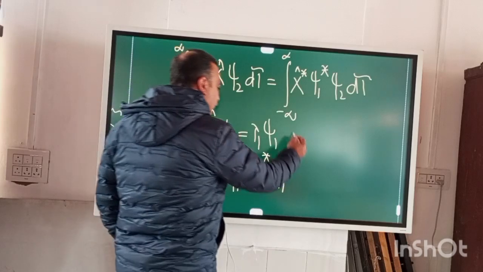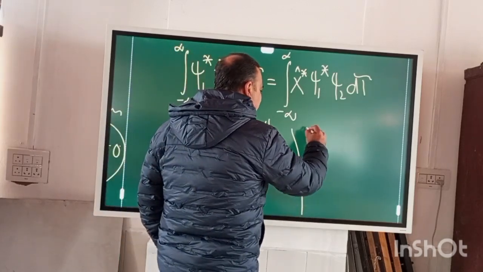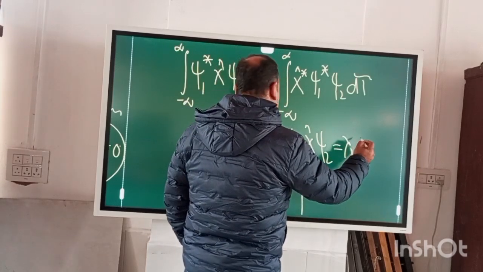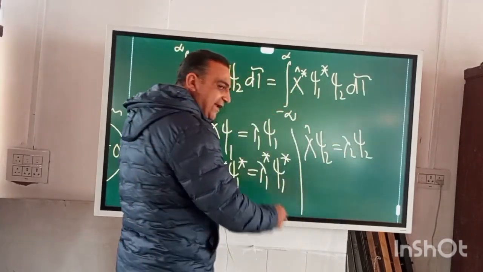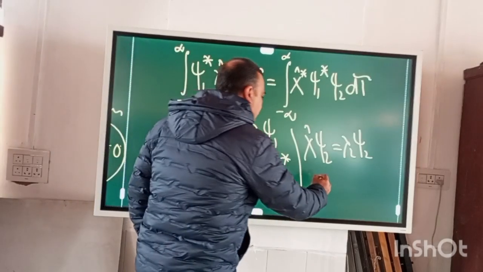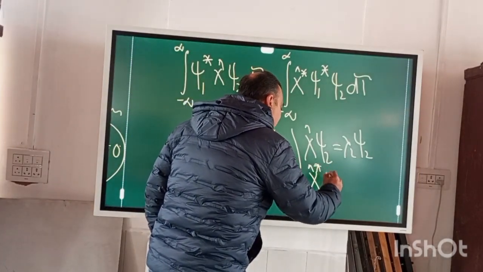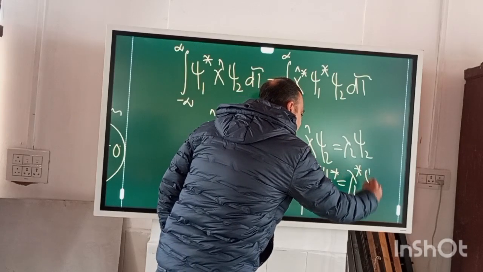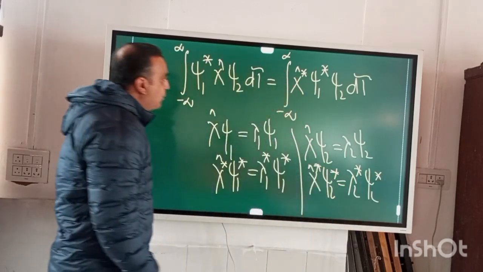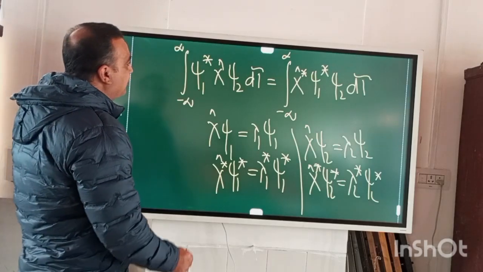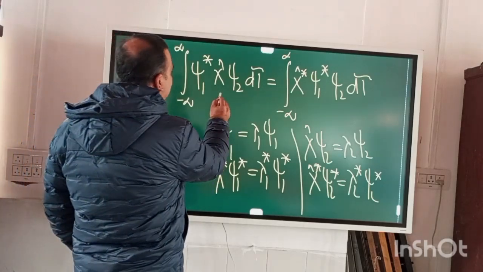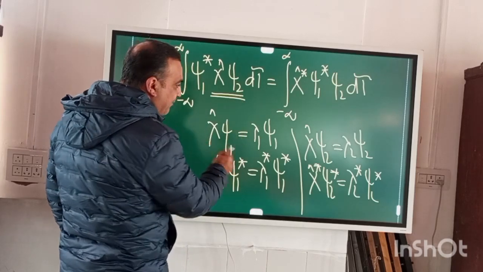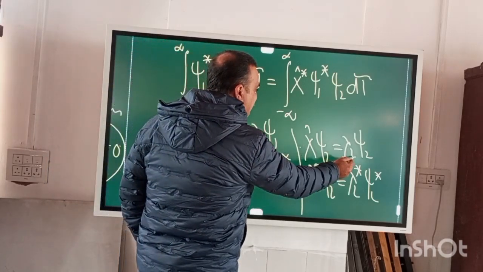The same thing is true for x cap psi2 giving lambda 2 psi2. Taking its complex conjugate, x cap star psi2 star is equal to lambda 2 star psi2 star.